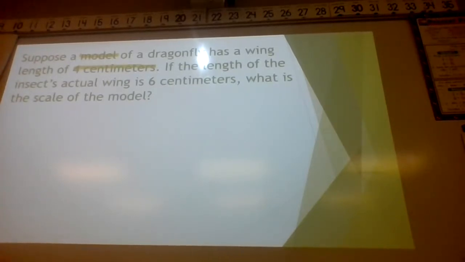Actual, 6 centimeters. That's what you guys should have written down. Because now you are going to have the model over the actual. How long is the model? 4 centimeters, over 6 centimeters.